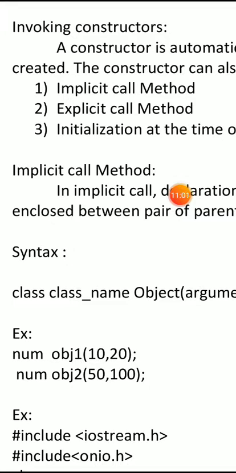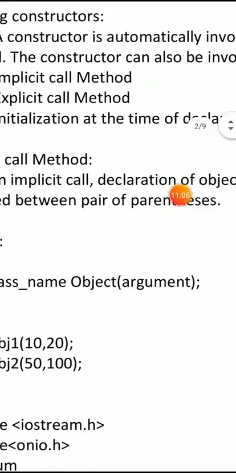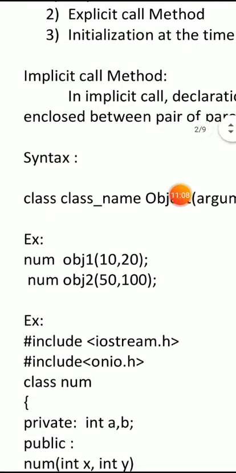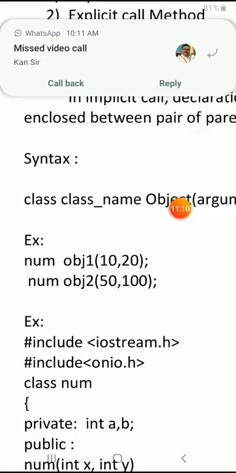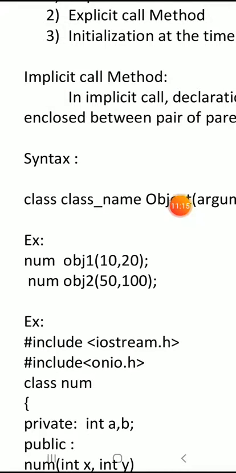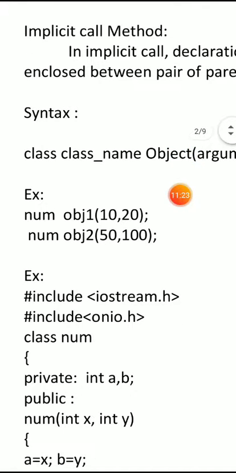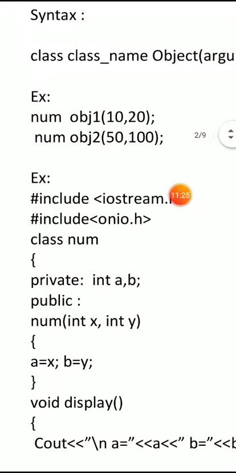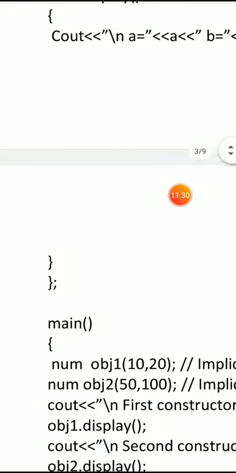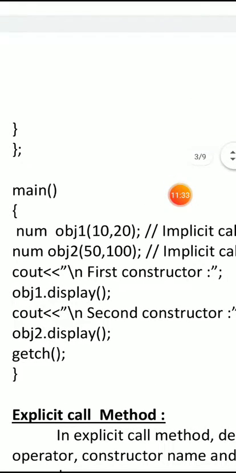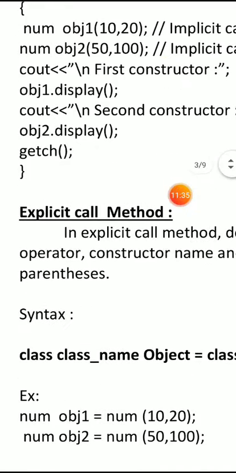Here an extra class is there, remove that. Only class name, then object, then argument list. So the example is num object 1 10, 20. Here num is the class name, object 1 is the object, and 10, 20 are the arguments. One more example is given below. The same example that I gave for the parameterized constructor, you can use for calling a constructor by using the implicit method.